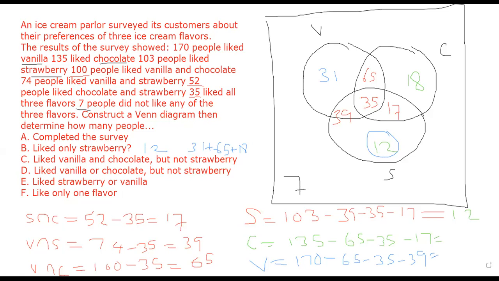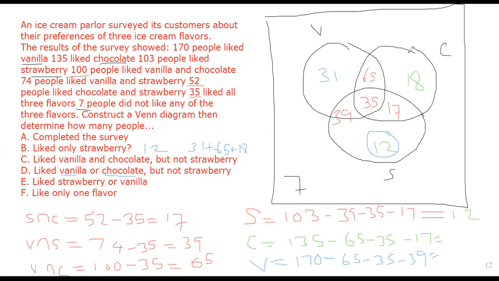Okay. So what we did at first, we said vanilla or chocolate, but not strawberry. So vanilla or chocolate, we're uniting them, we're adding these.